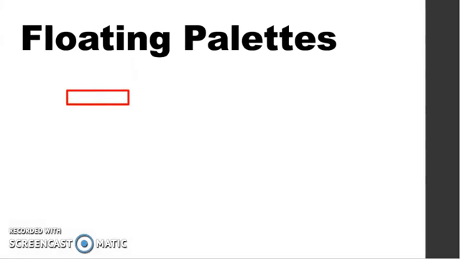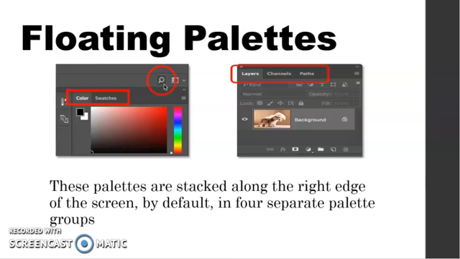Now we also have the floating palettes. These palettes are stacked along the right edge of the screen by default in 4 separate palette groups. Click on the title bar to drag it. You can click on the title bar, or you can just click this icon or the icon on the title bar on the other side of the interface.